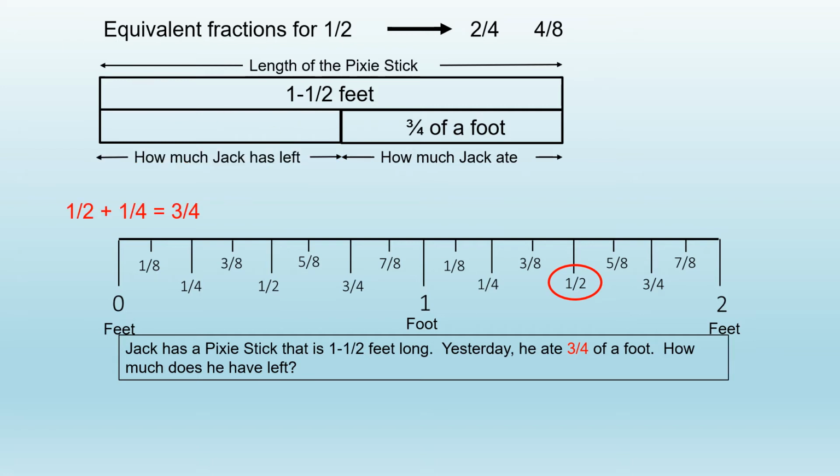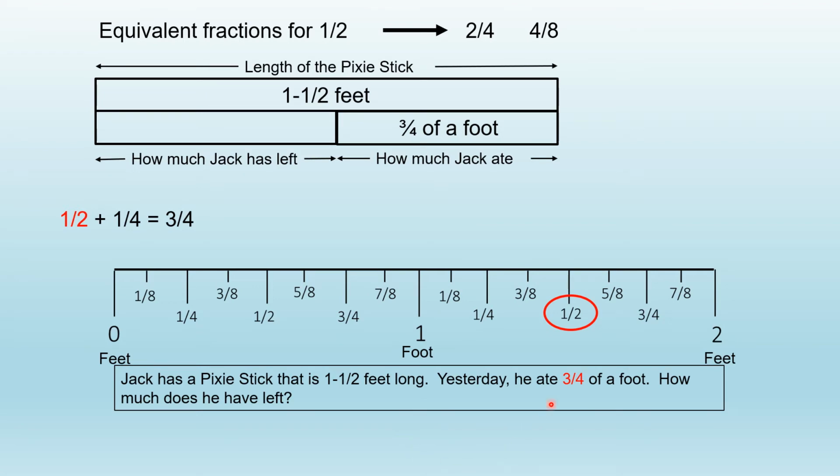We know that the length of the pixie stick is 1.5 feet long, so I have that circled. And I also know that 1/2 plus 1/4 equals 3/4. So we are going to start at 1.5 feet to solve this problem.